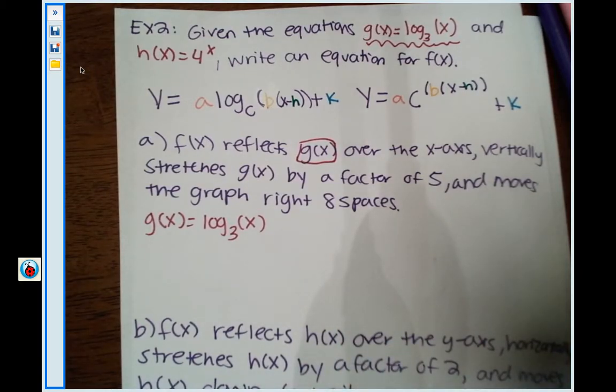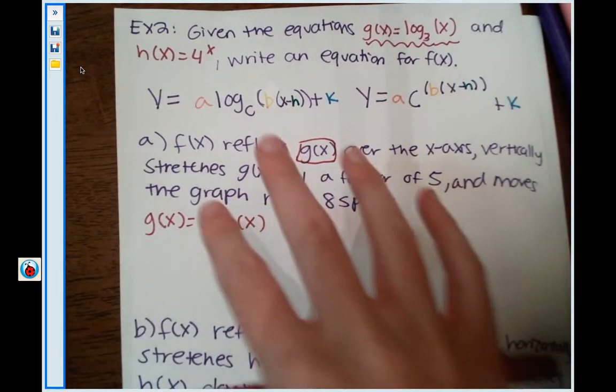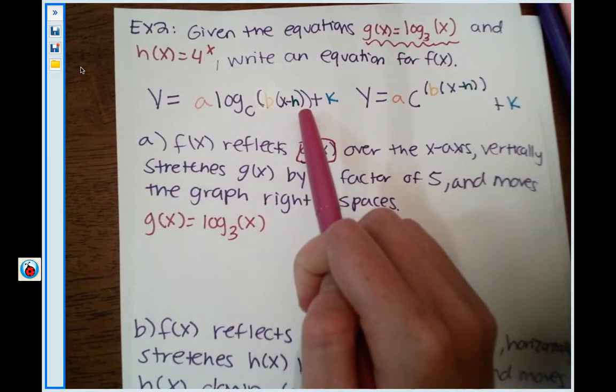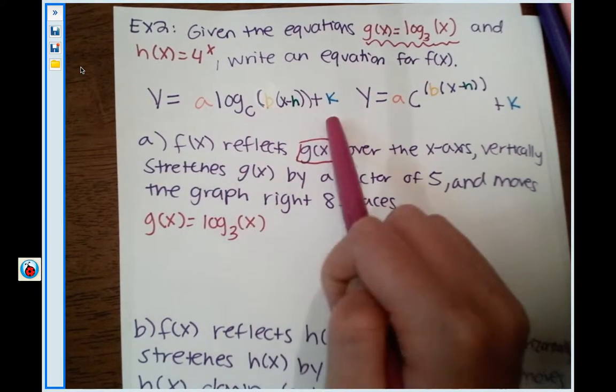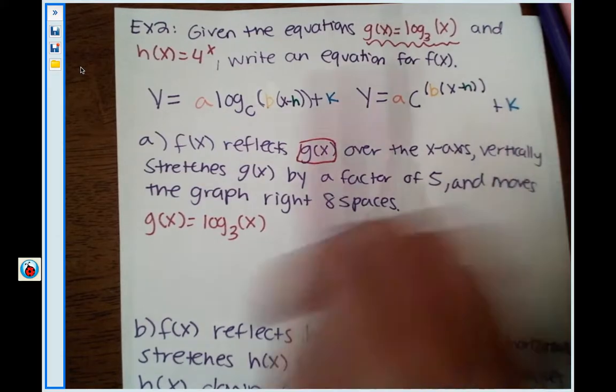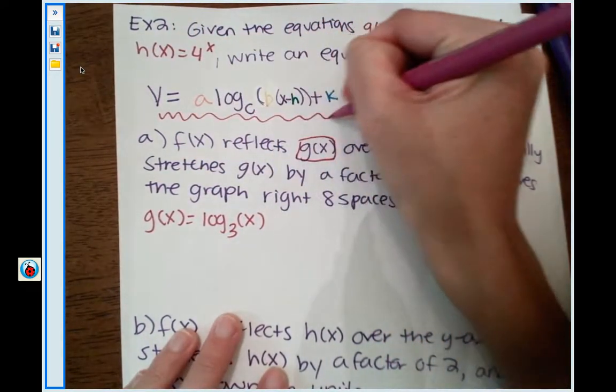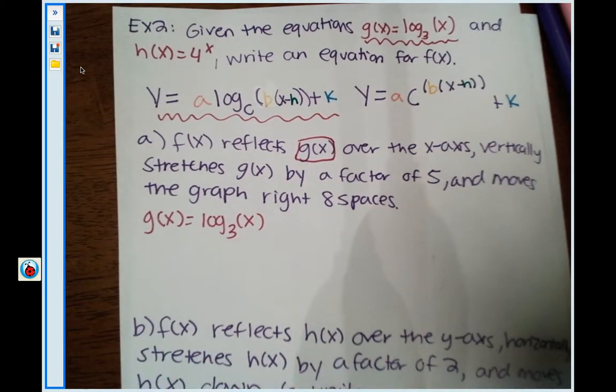The next thing I'm going to do is label whether the values of the transformations pertain to an a, b, h, or k value in either a log function or an exponential function, which in this case will be the log function. So I'm only going to be focusing on this one right now. Let's see what the problem states and which transformation it pertains to.